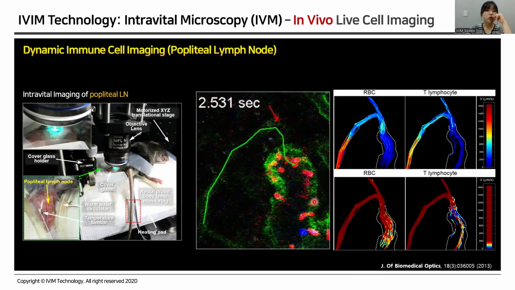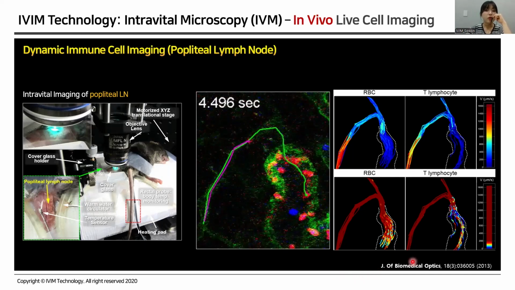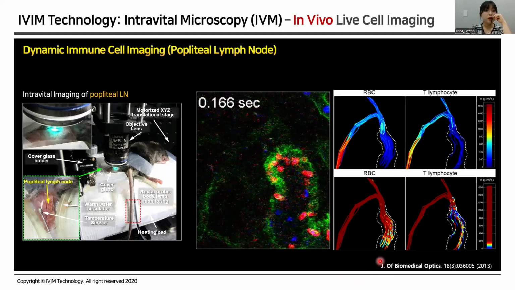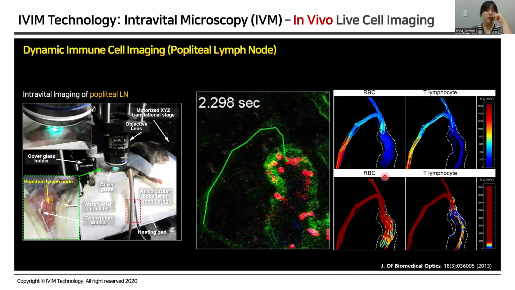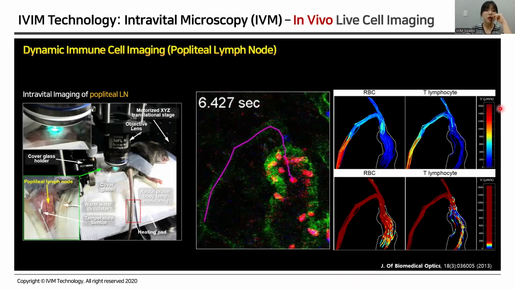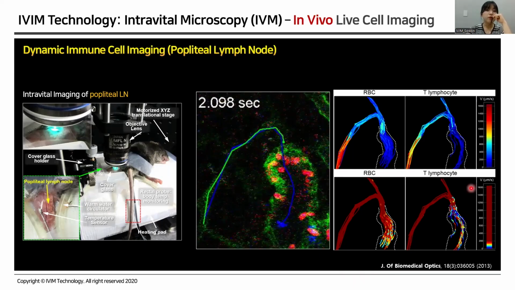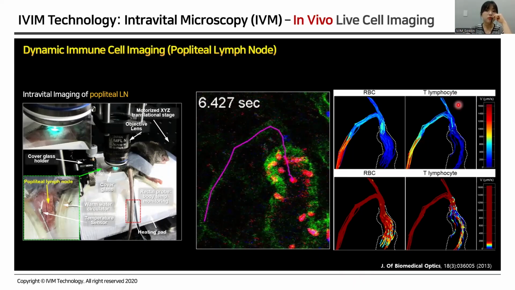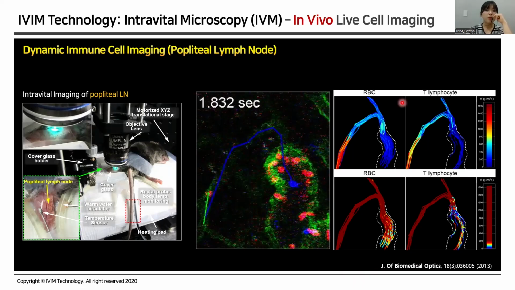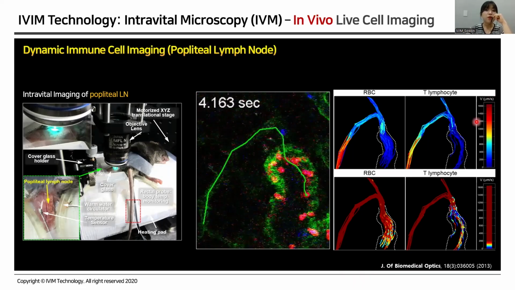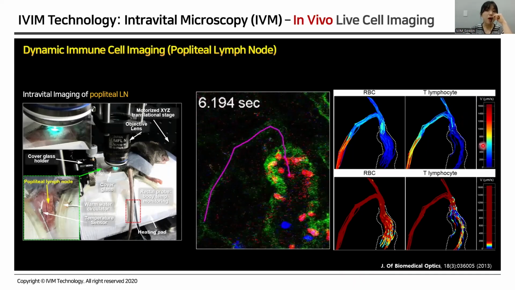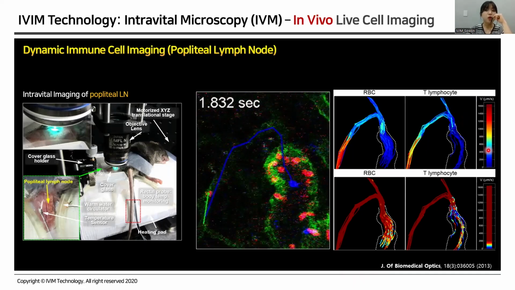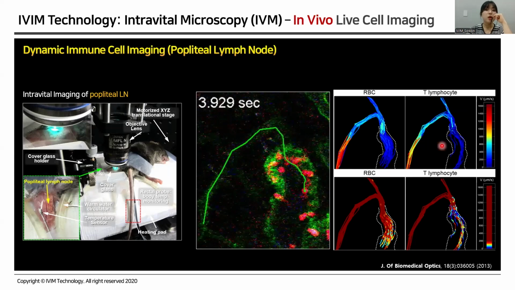In the image on the right, the high endothelial venule, HEV, is outlined with a white dotted line, as you can see here. Using a velocity color map, we visualize the flow speeds of both RBCs and T cells. We observed that both RBCs and T cells significantly slow down as they pass through the HEV compared to the other blood vessels.